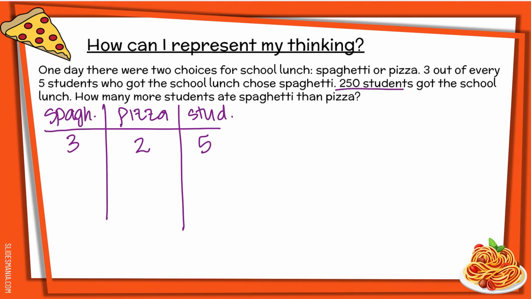Well, 250 students got lunch. So 250 will go under the students column. And again, I have to think multiplicatively. So I know that to get from 5 to 250, I can multiply by 50, which means I'll multiply 2 by 50 to find out that 100 students got pizza, and 3 by 50 to find that 150 students got spaghetti.